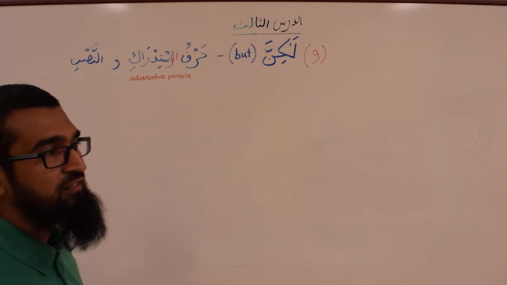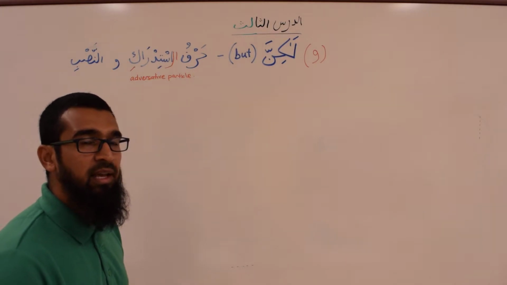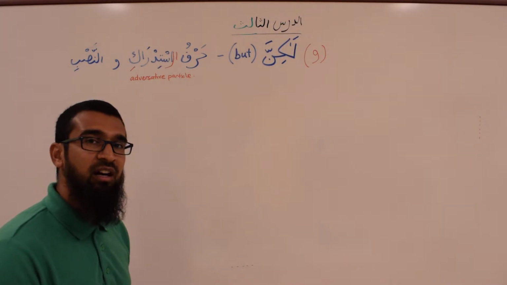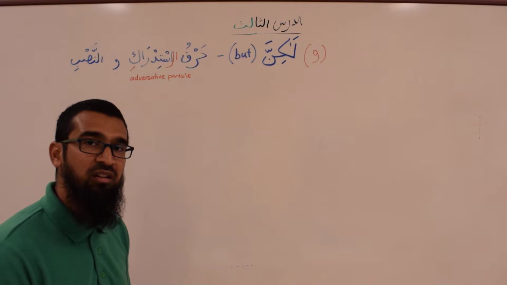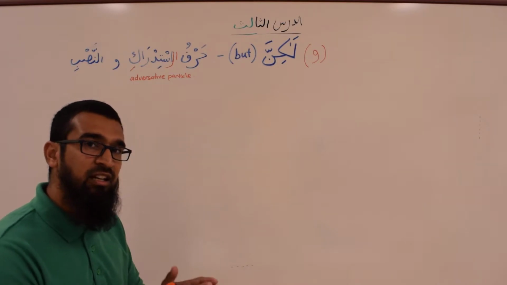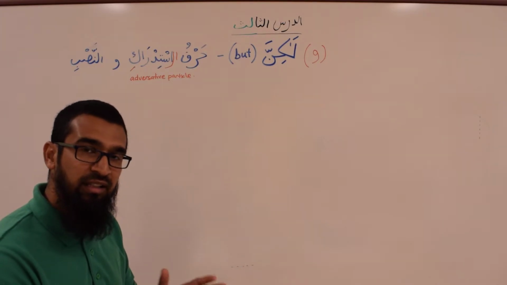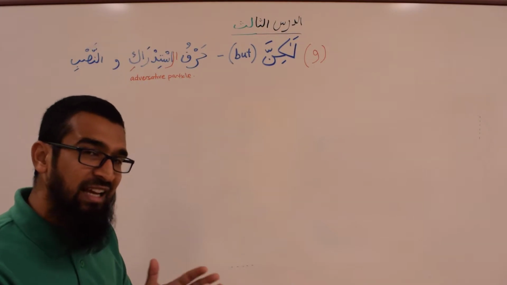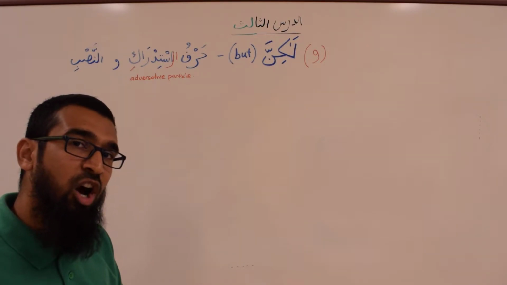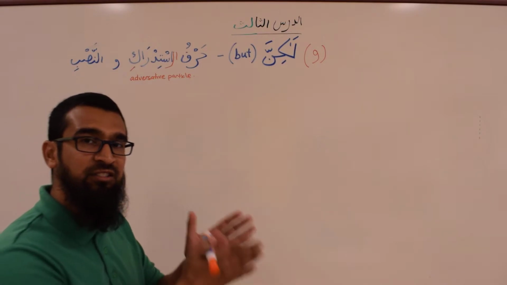An English definition of but, they say but is a conjunction, a linking word to link two statements. The second statement contrasts the first statement.